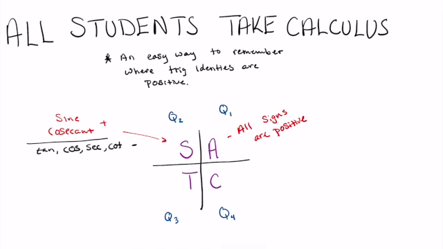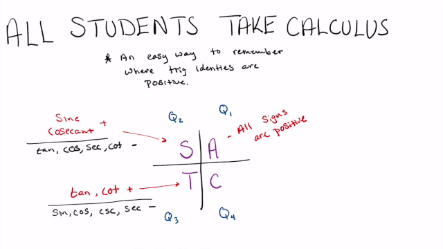Now looking at quadrant 3, T stands for tangent. So tangent and its reciprocal, cotangent, are positive. But everything else is negative: sine, cosine, and their reciprocals. The reciprocal of sine is cosecant, and the reciprocal of cosine is secant, and they are all negative.